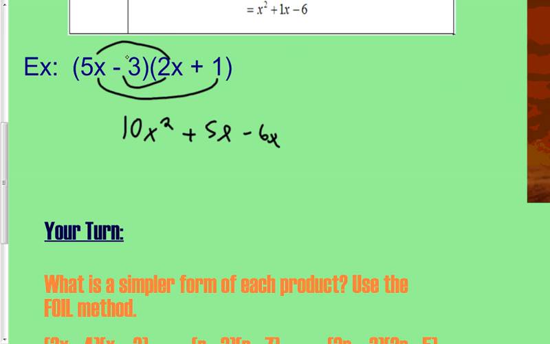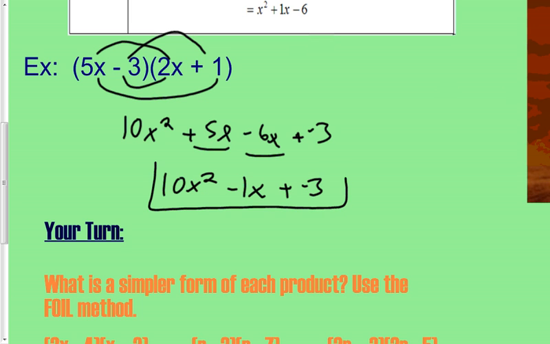And then last, minus 3 times 1 would be minus 3, or plus a negative 3. Then we can combine these two because they are like terms. So we end up having 10x squared minus 1x plus negative 3. FOIL method. All you have to remember is FOIL: first, outsides, insides, lasts.